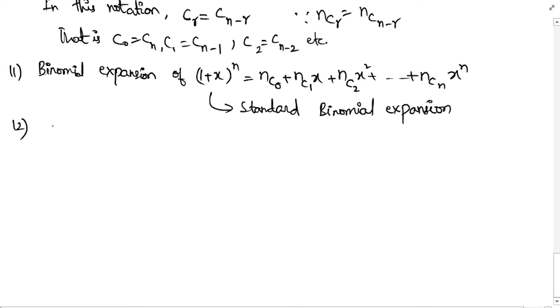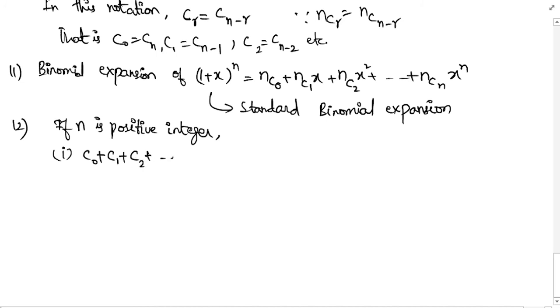So if n is a positive integer, then the thing you have to remember is, you can prove this, but if you remember it, then it will be easy for you to solve the problems. Okay, so C0 plus C1 plus C2 plus so on up to Cn is equal to 2 power n. Okay, then in the second one we have two cases again.